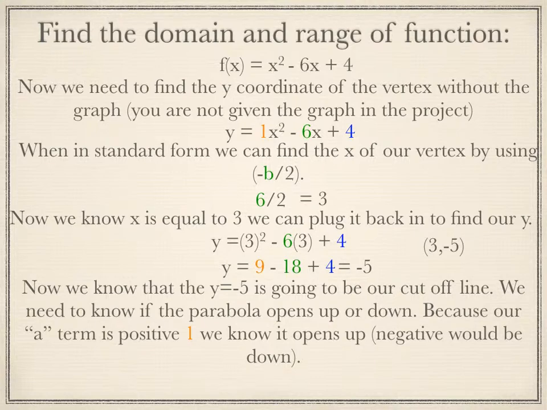So we know that our parabola opens up. Negative would be opening down. So because our parabola opens up, we know that negative 5 is going to be the lowest point on our graph. So therefore, all y values bigger than negative 5 are going to work.